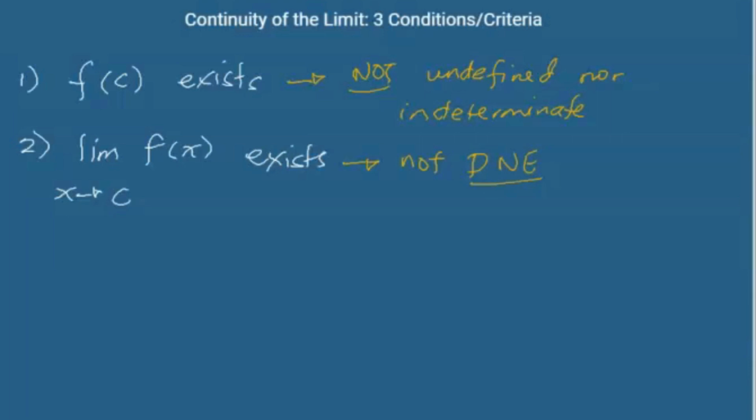To check this, we verify the left-hand limit and the right-hand limit. The limit of f of x as x approaches c from the left must equal the limit of f of x as x approaches c from the right. If they're equal, then our limit exists.